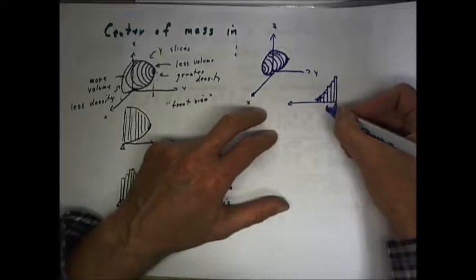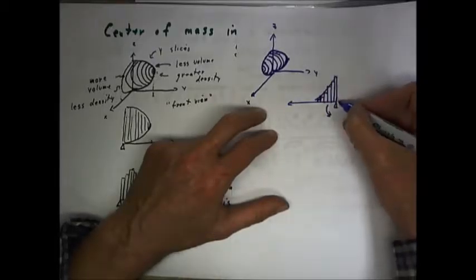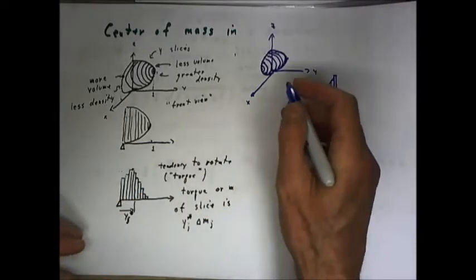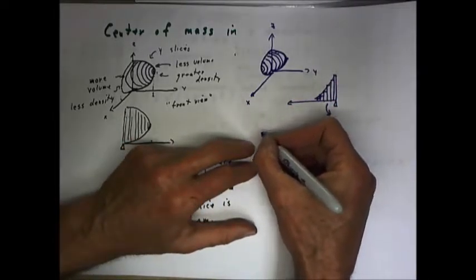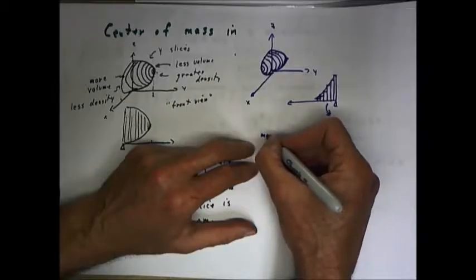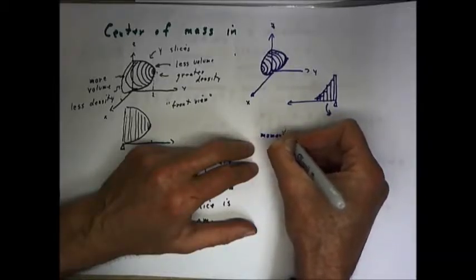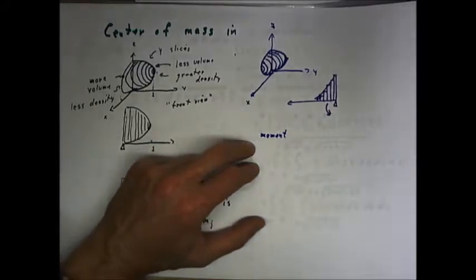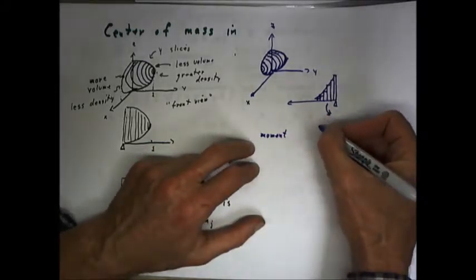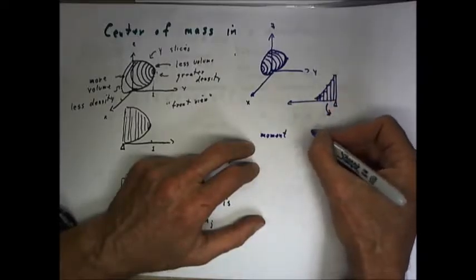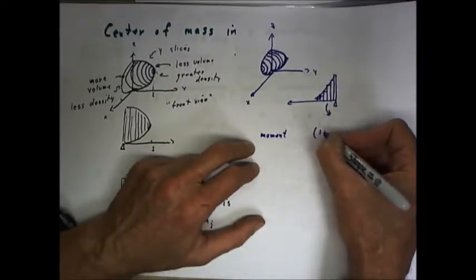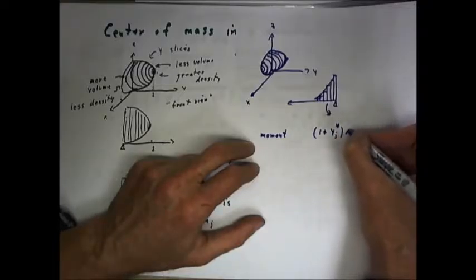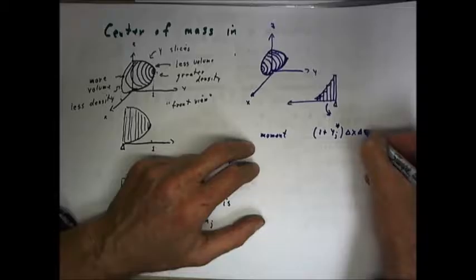And those masses are going to create a rotation about this fulcrum. Any small volume increment is going to have a moment that's going to equal, again, its mass, which is 1 plus y_j star multiplied by the volume increment.